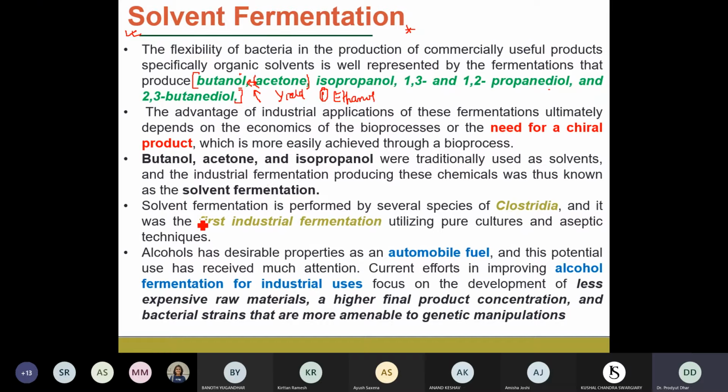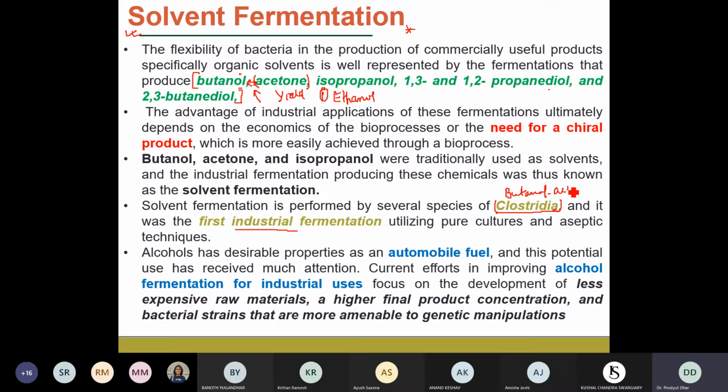Some of the first microbial species that produced solvents such as acetone and butanol at industrial scale were species of Clostridia. Clostridia is a microbial species known to produce acetone and butanol.